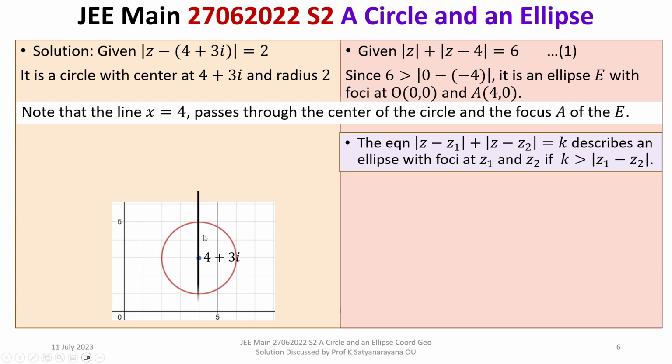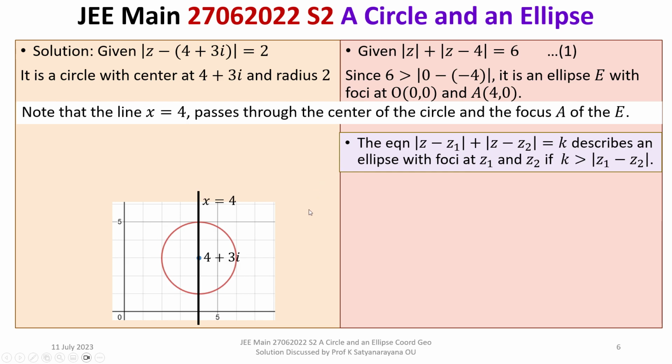The line x equal to 4 passes through the center of the circle and also through one of the foci of the ellipse, that is A with coordinates (4, 0). Where is this and how is this ellipse? I am not drawing it exactly.